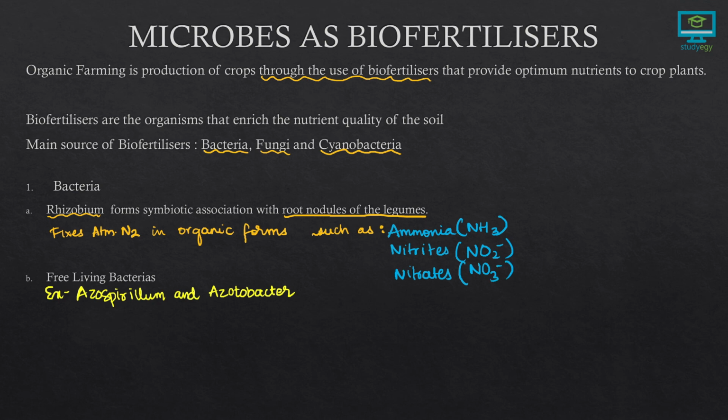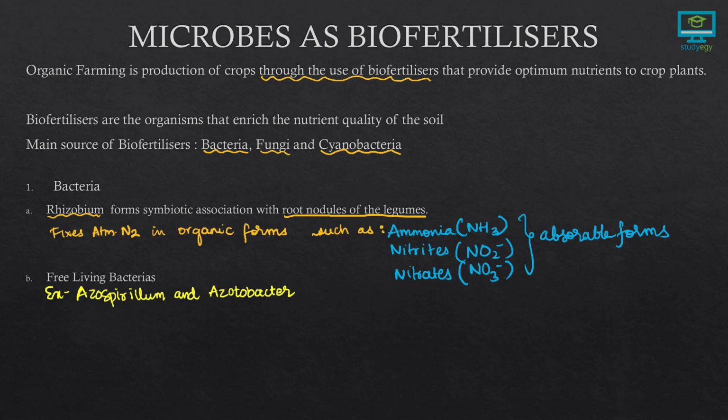So what this Rhizobium does is it converts the atmospheric nitrogen into organic forms such as ammonia, nitrate and nitrites, because these are easily absorbable forms of nitrogen.